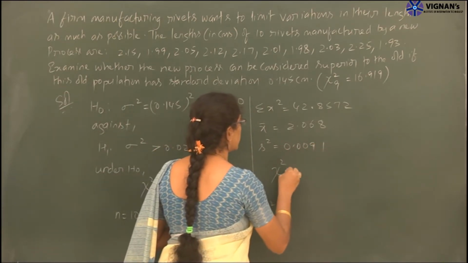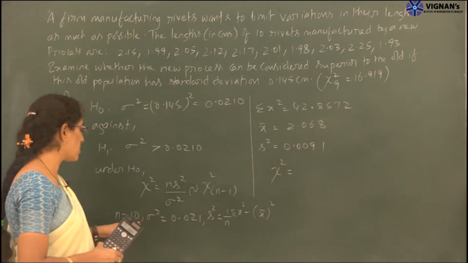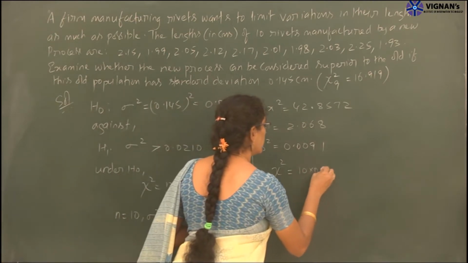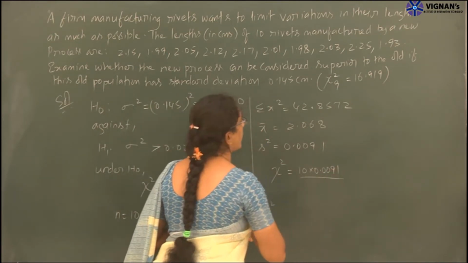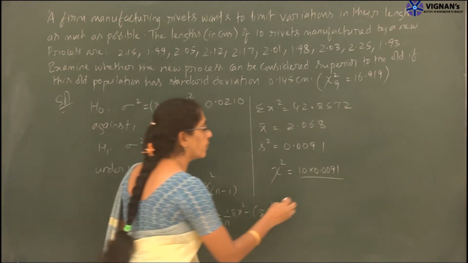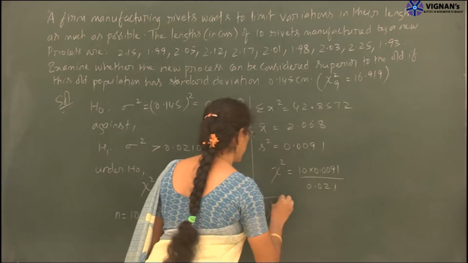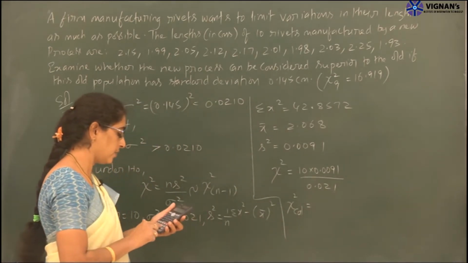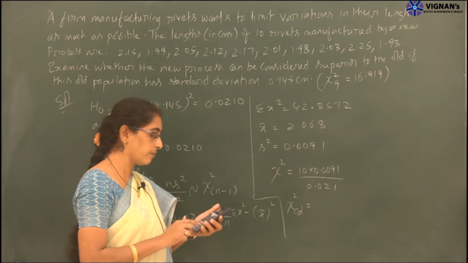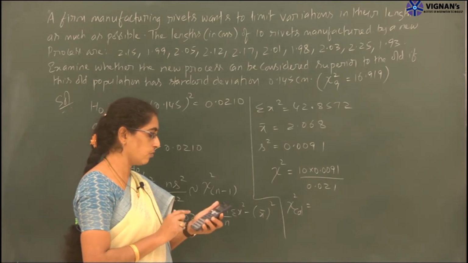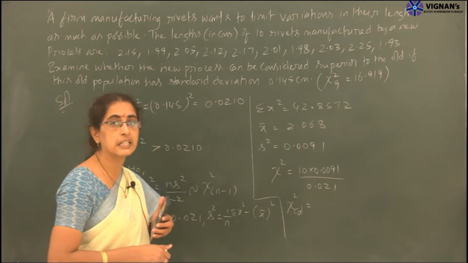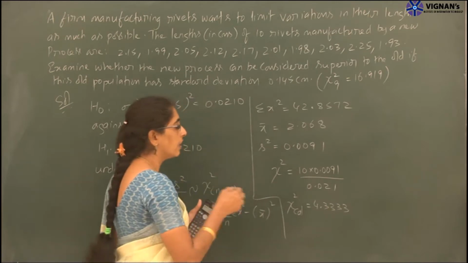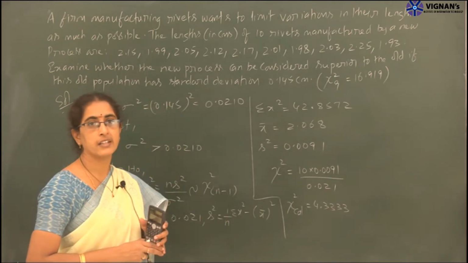Now substitute in the test statistic. So n into small s square, that means 10 into 0.0091, divided by sigma square, which is 0.021. So chi square calculated is 10 into 0.0091 divided by 0.021, which is 4.3333.